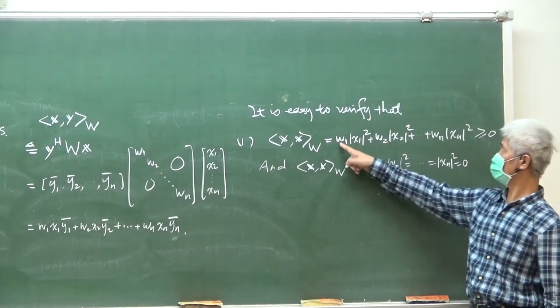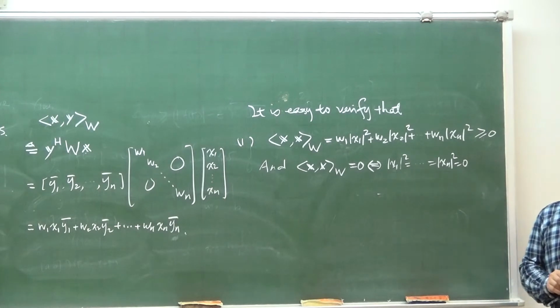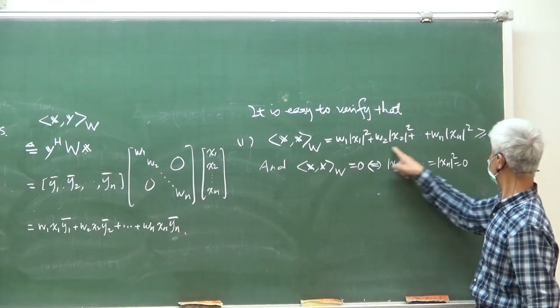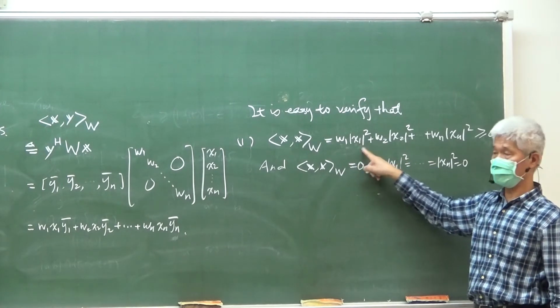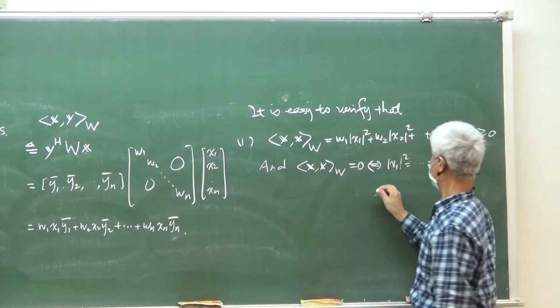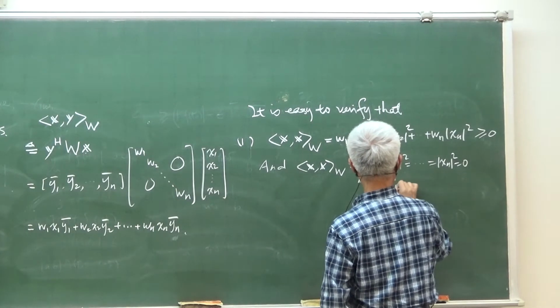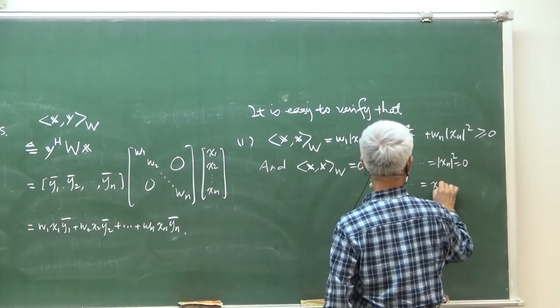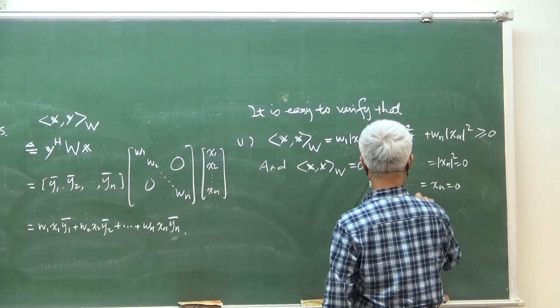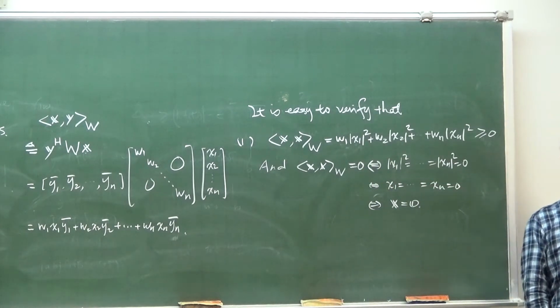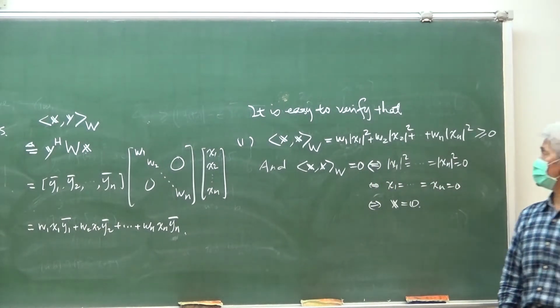Because the weighting is positive, if this is 0, then every square term must be 0. So it will only be zero when x is the zero vector. So we proved the first property.